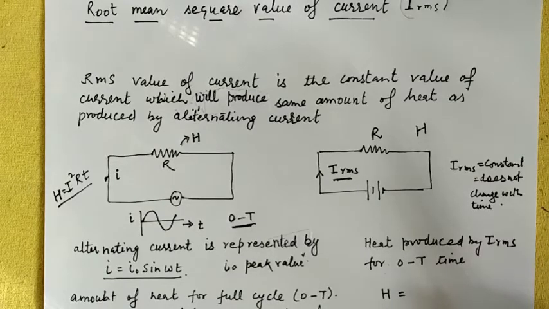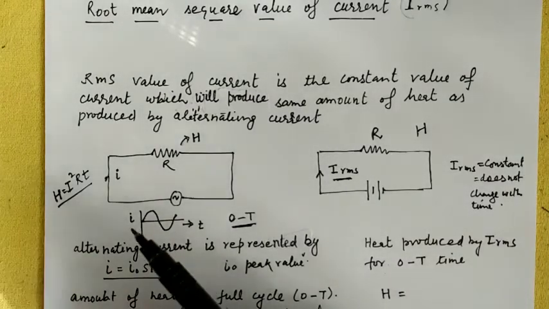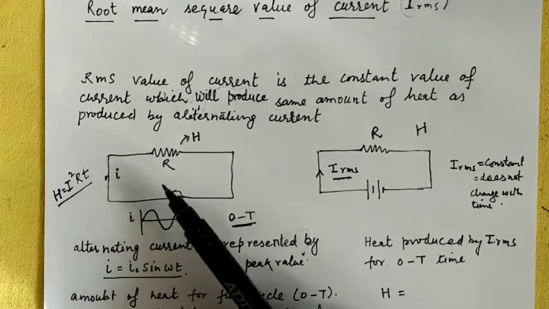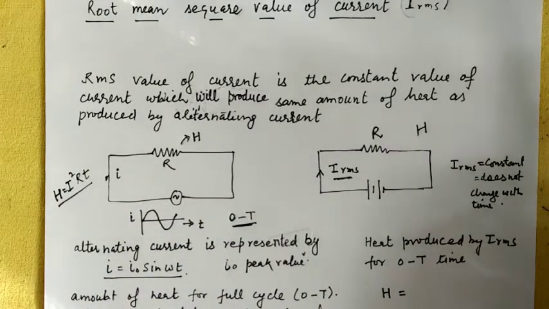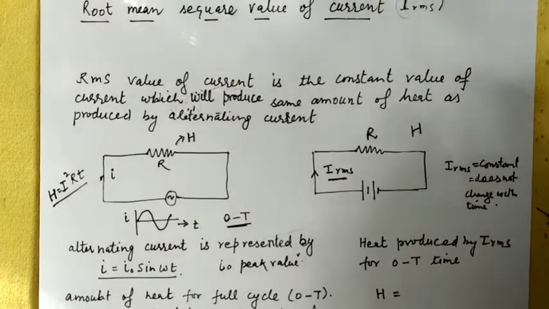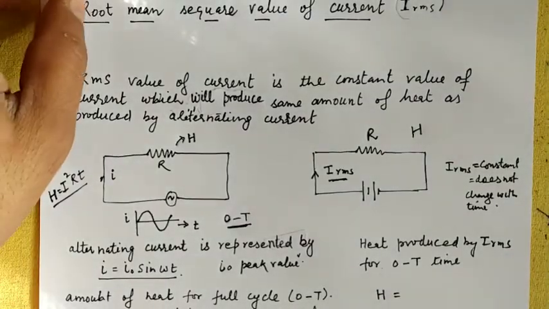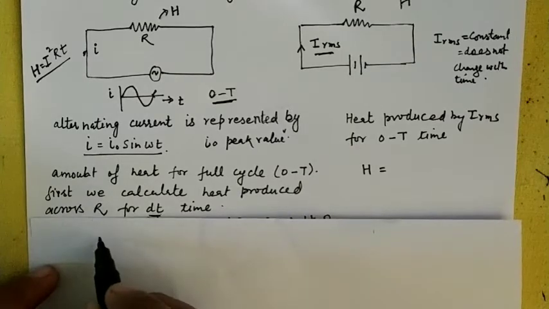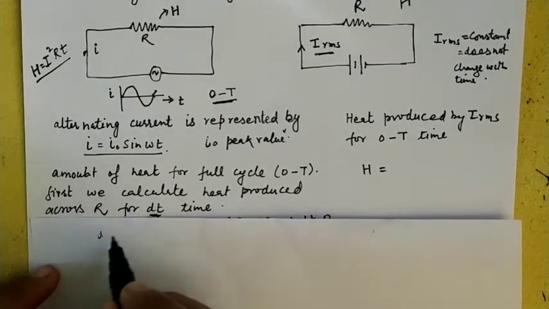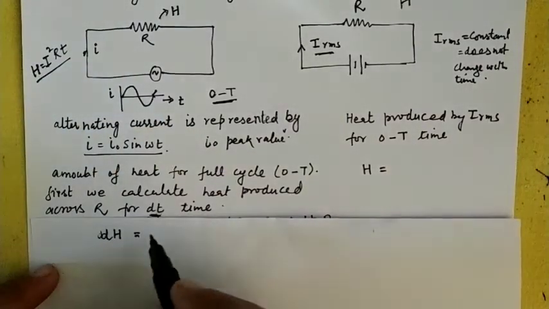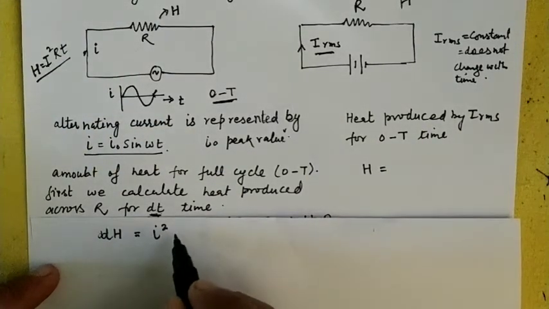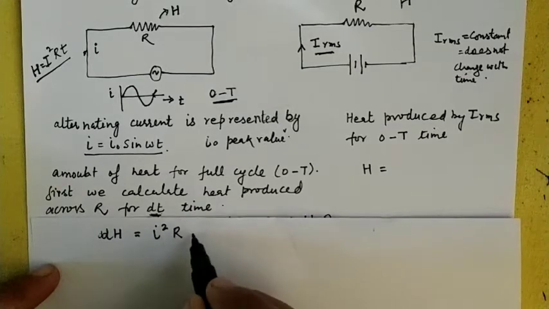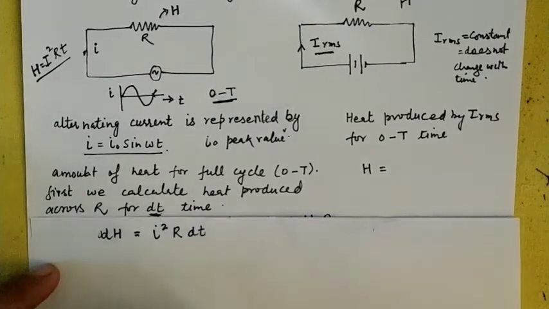And so first we calculate the amount of heat produced for a small time interval, and then we calculate the total one. So the amount of heat produced for small time dt will be equal to dH, by using this formula, I square into R into dt.